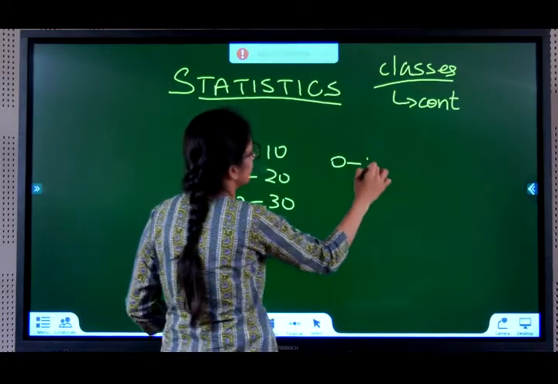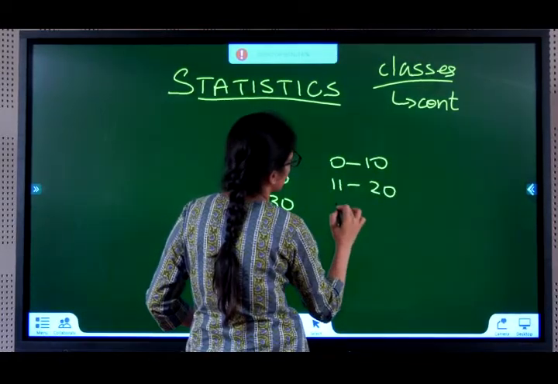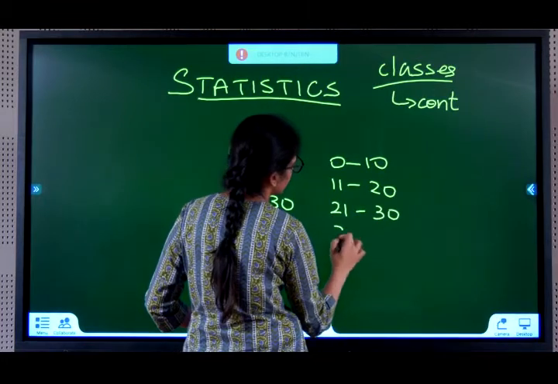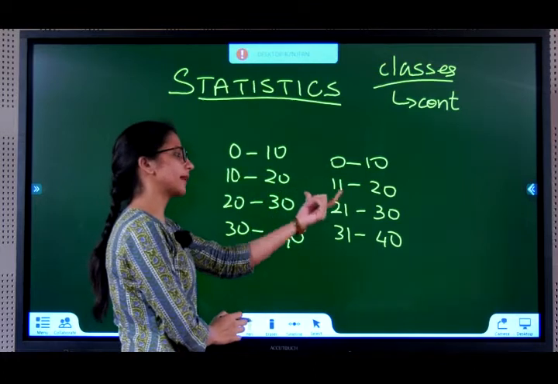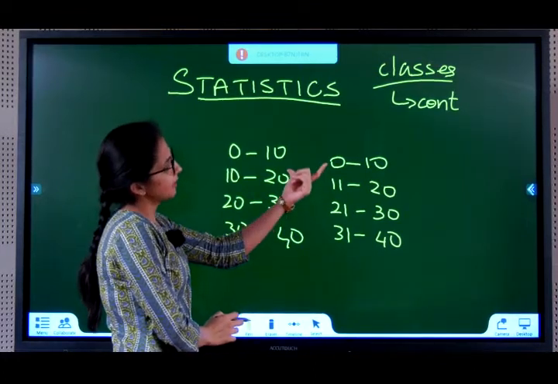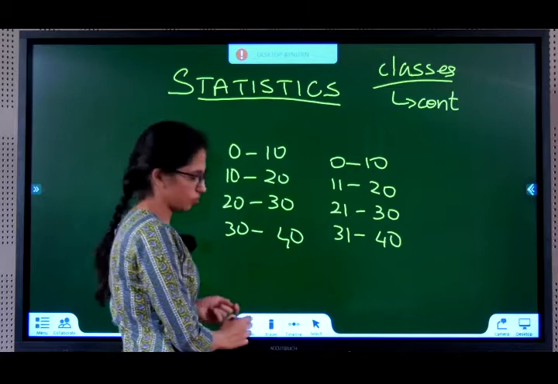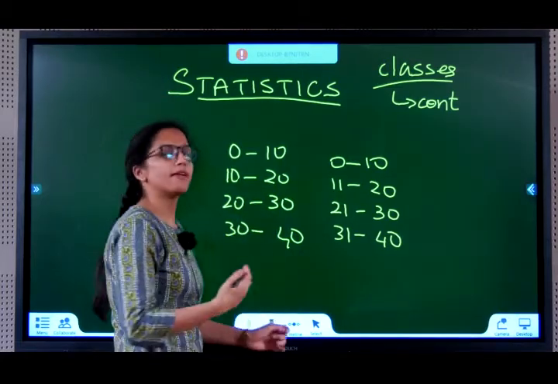If I have 0 to 10, 11 to 20, 21 to 30, 31 to 40, it is grouped data, it has classes, it's classified, but it's not continuous. So in such cases, we make it continuous.